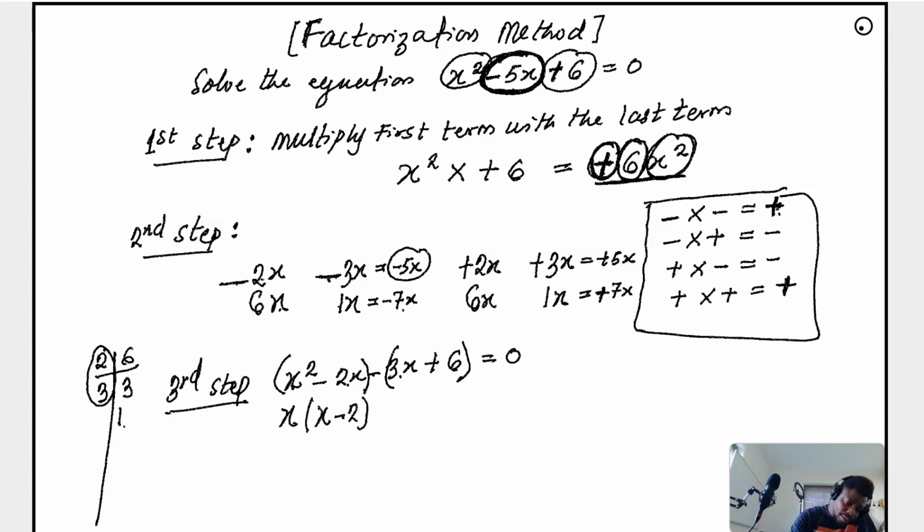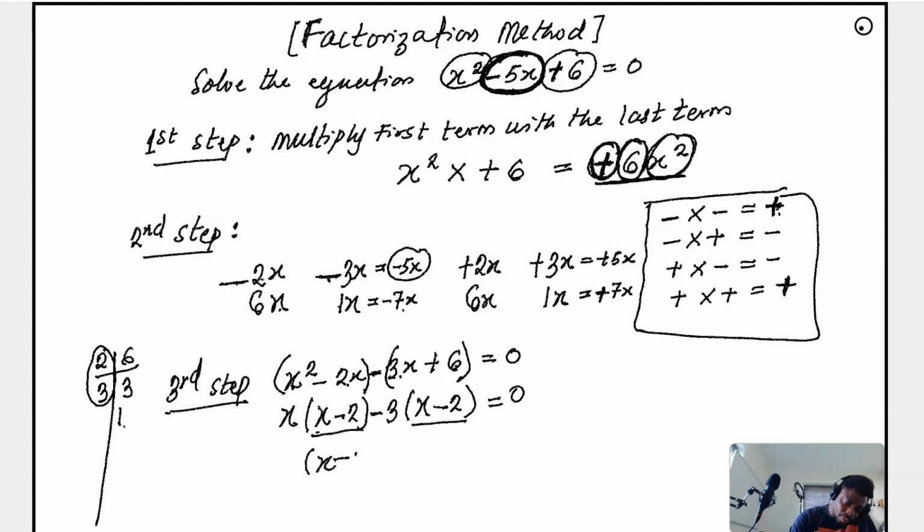Then this is a minus sign here. What is common between 3 and 6? That is 3. This is x minus 2. Or just write what you have here. It's easier than disturbing yourself. Is equal to 0.